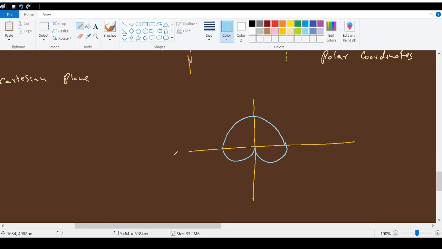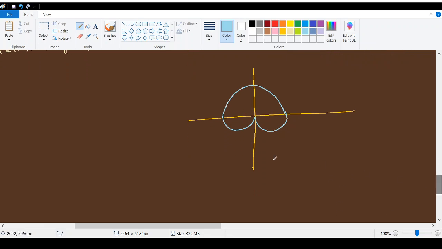Well, actually now it is not correct. Sorry. Now here it is not correct to draw the axis like this, because since we are drawing it in the polar coordinate form, what we have is this one.